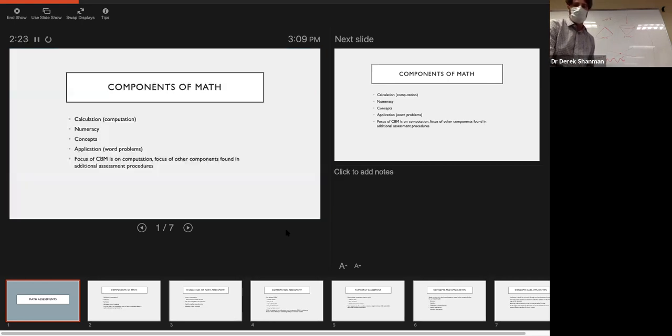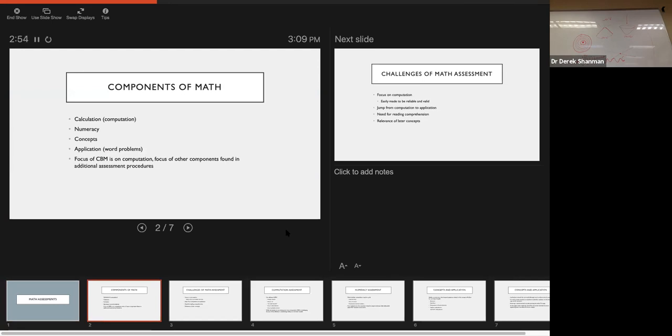And as we'll see with math assessments, it's all really cut and dry, including when we talk about applications and word problems towards the end of today. You'll see that there's not nearly as much gray area in terms of how or what we assess, how or what we score, and how or what we make decisions based off of.